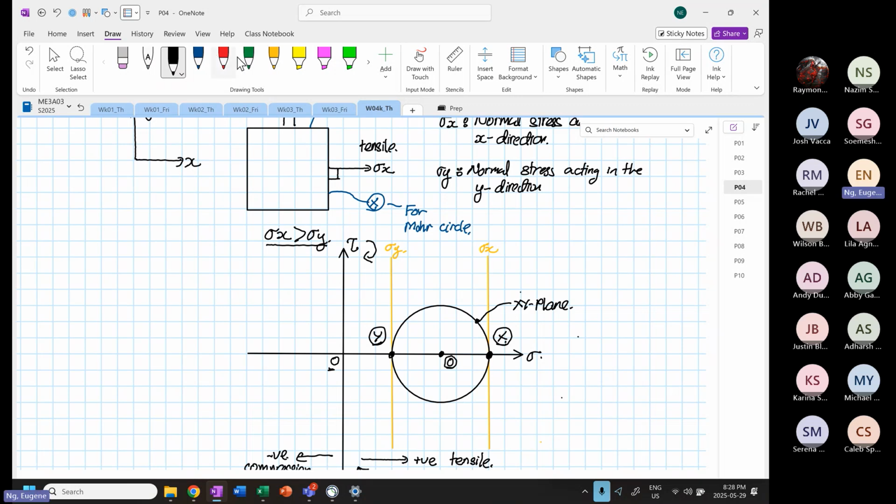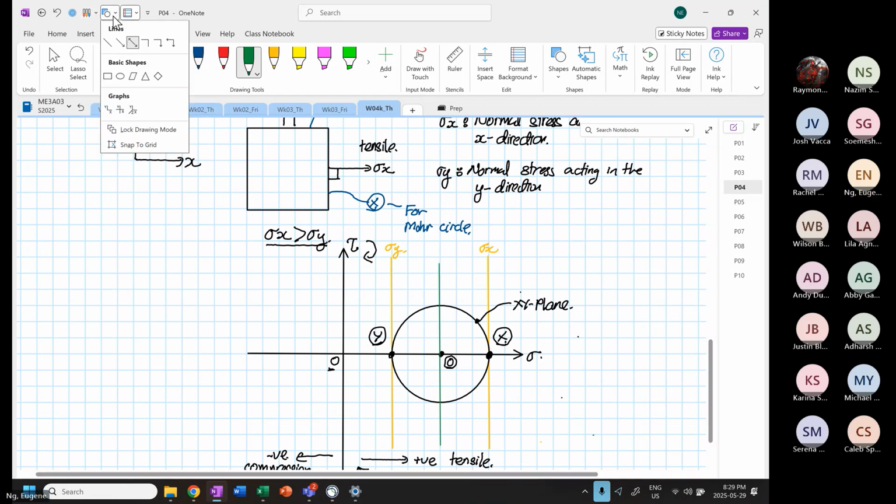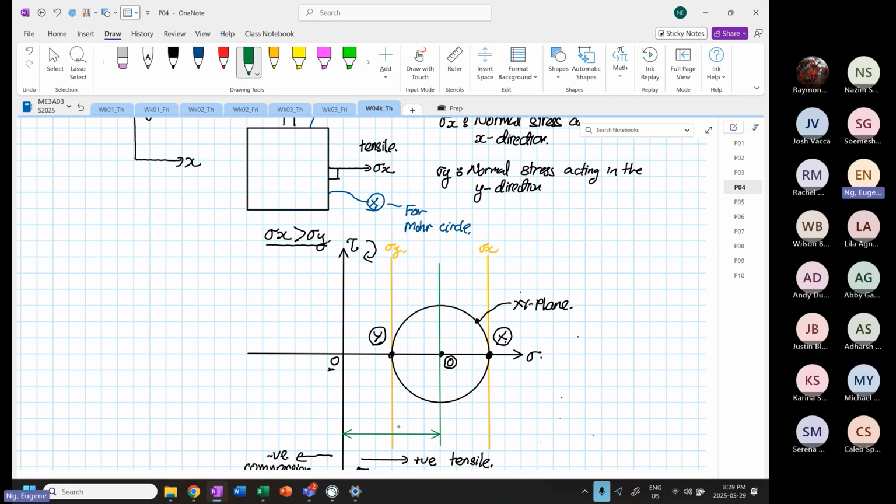Okay. And then when you draw a vertical line down, passing O, right? This distance from here to here, okay, this is known as your stress average.